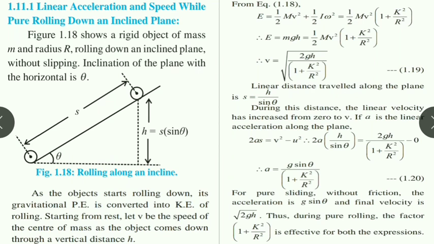Here, without slipping means it is a purely rolling motion of a body. Inclination of the plane with the horizontal is theta. As the object starts rolling down, its gravitational potential energy is converted into kinetic energy.